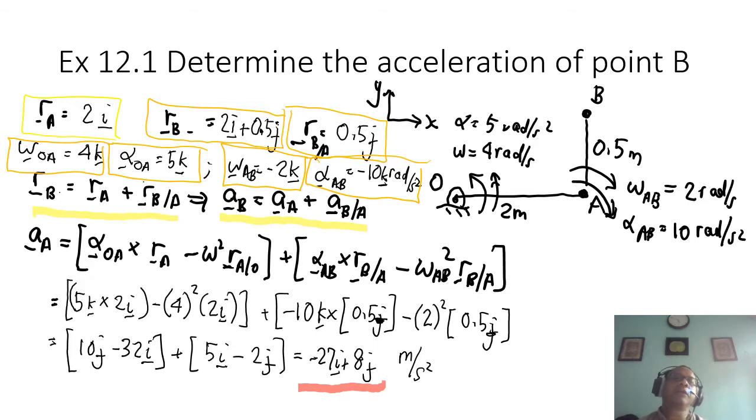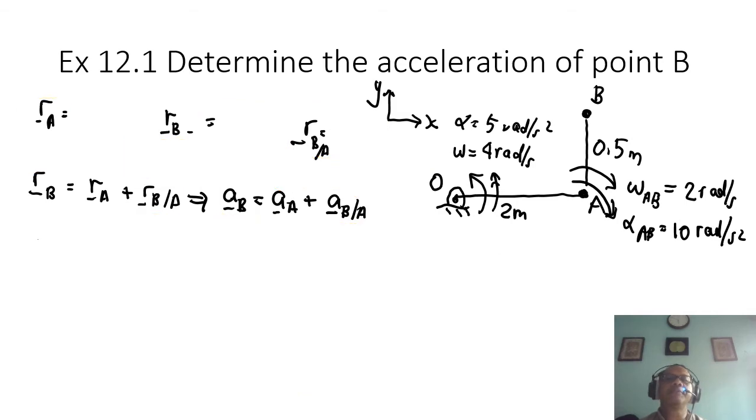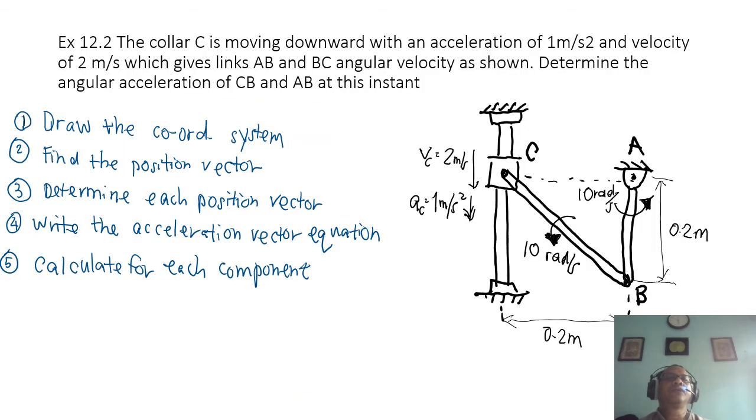Let's try another example which may be a little bit more challenging. So here is a case. We will continue with example 2, as we have seen this figure before. In this example 2, the collar C is moving downward with acceleration of 1 meter per second square and velocity of 2 meter per second, which gives the link CB and AB angular velocity.